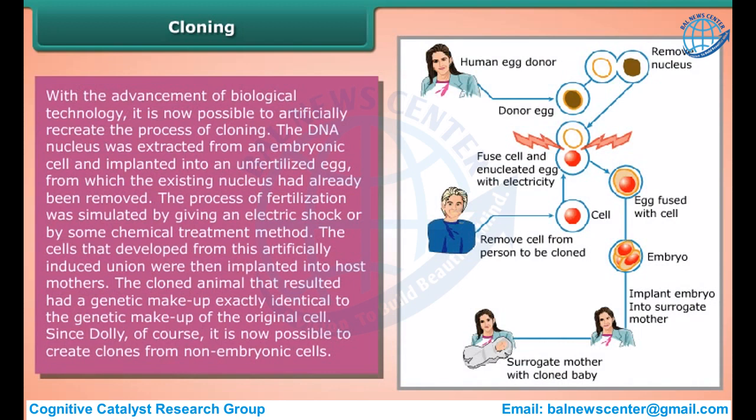The cells that developed from this artificially induced union were then implanted into host mothers. The cloned animal that resulted had a genetic makeup exactly identical to the genetic makeup of the original cell. Since Dolly, of course, it is now possible to create clones from non-embryonic cells.